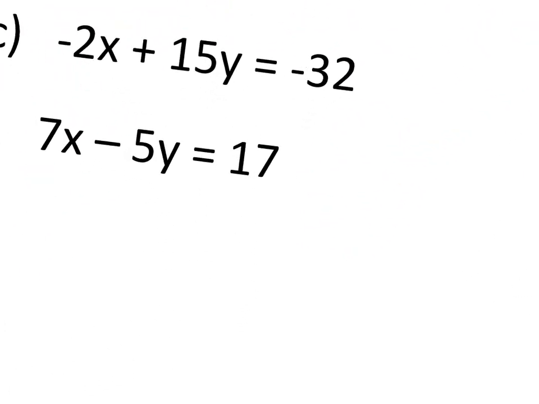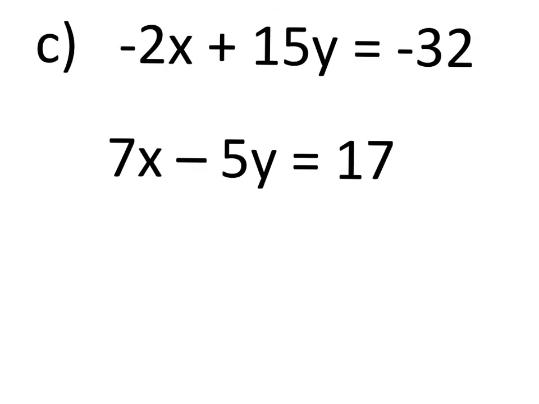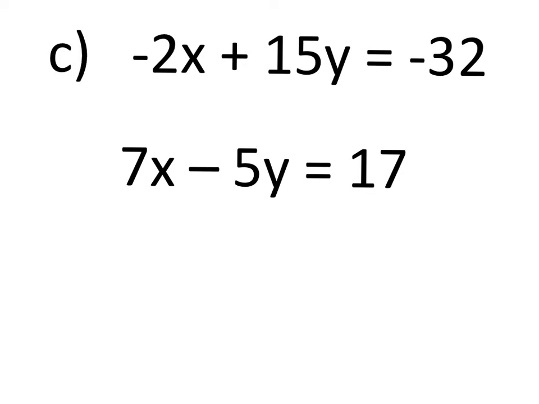All right, so let's look at example C here. When we look at this one, we've got a -2 and a 7. Those aren't going to cancel. And we've got a 15 and a -5. Unfortunately, those are not going to cancel either. So you just need to pick one and get them to cancel out. Just like we did back in example B, we're going to multiply one or both equations.